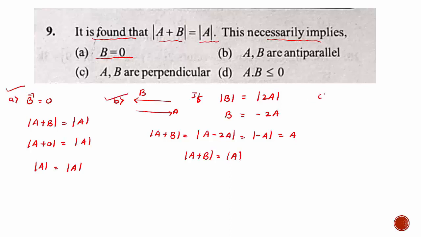Come to option C. If A and B are perpendicular. Observe here, perpendicular means I can consider two vectors in this direction.